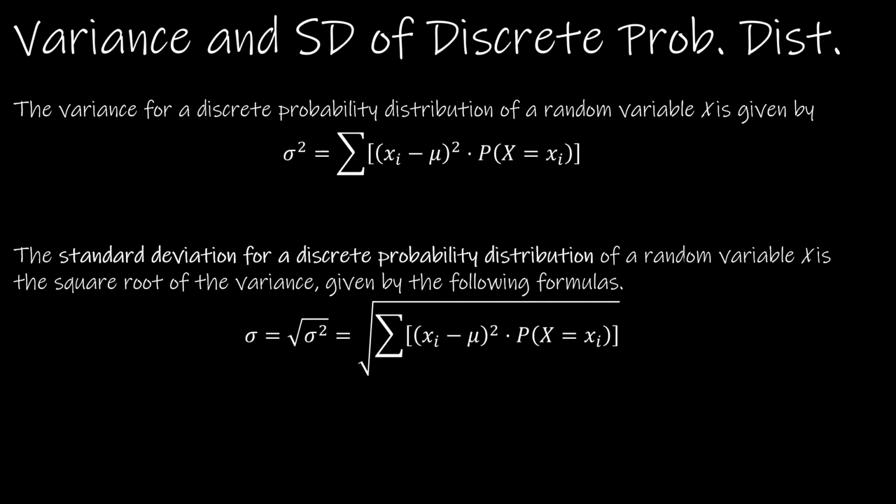Again, we're going to use Excel to find all of these values for us, but essentially what we're going to do is find the variance by finding each value's deviation from the mean and squaring it, again, so that it's positive. Then we're going to multiply that by the probability, do that for each of the x values, and add them up. Then we're simply going to take the square root of it to find the standard deviation.